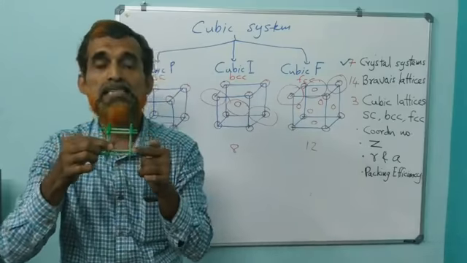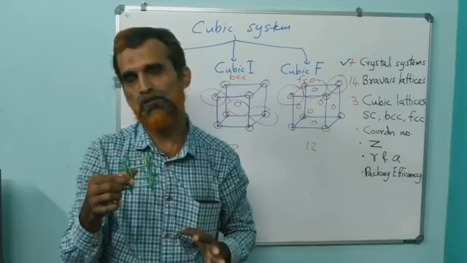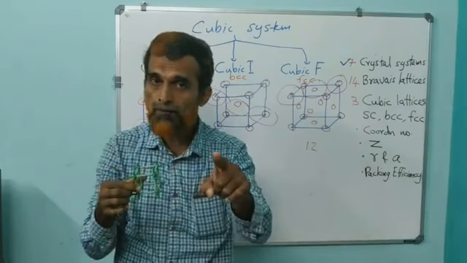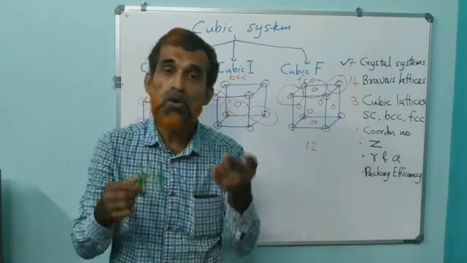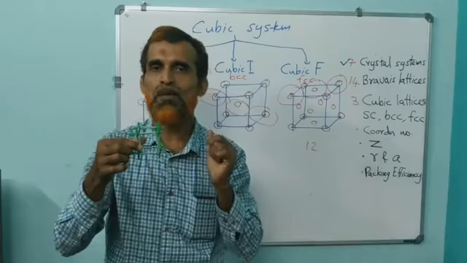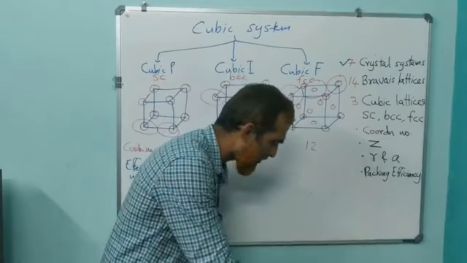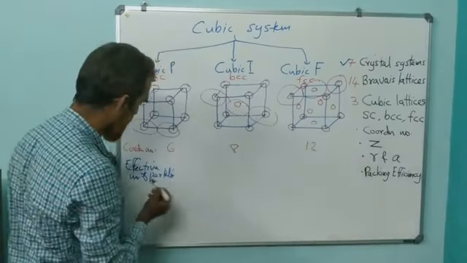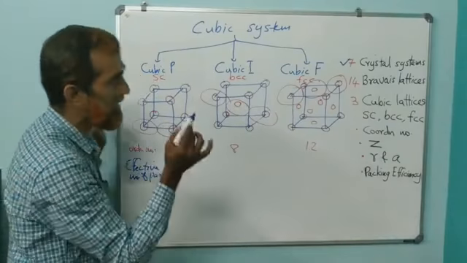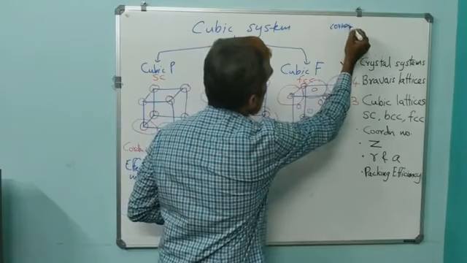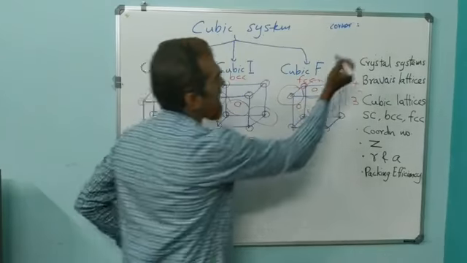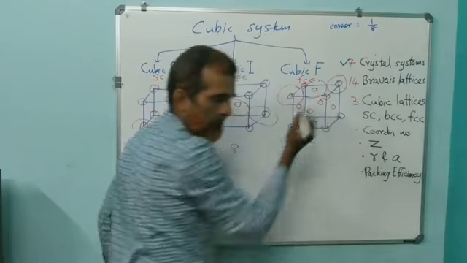That means this corner particle is common to 8 cubes. So what is the share to this cube? 1 by 8. We have to note that point first before we go into the effective number of particles. The share from a corner particle is 1 by 8.